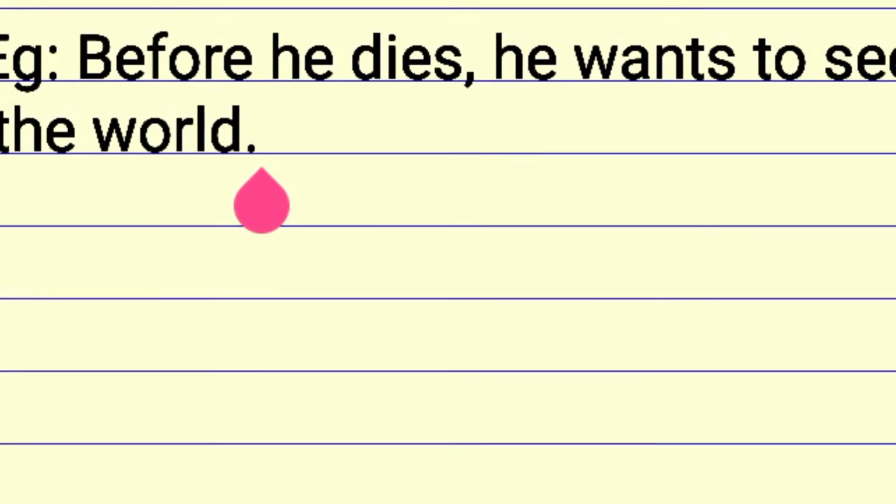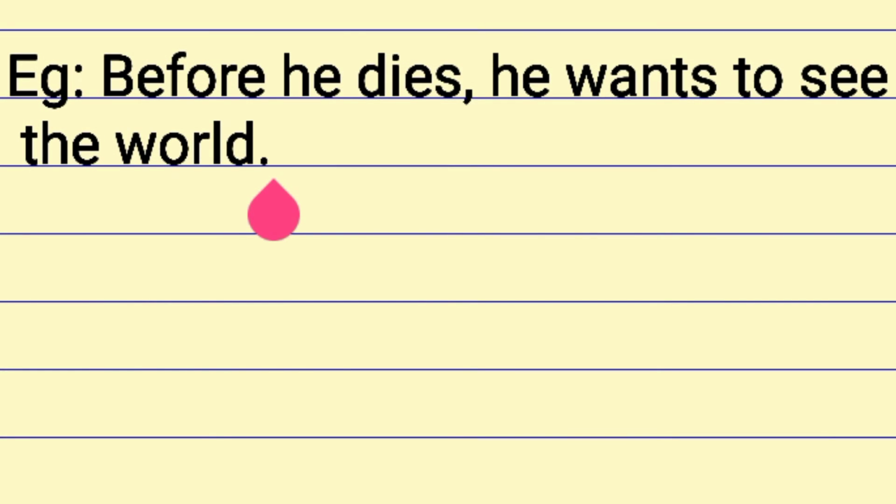Keep in mind, if you want to use the dependent clause at the beginning, you must put a comma. For example, before he dies, I should put the comma here, and then I should use the independent clause: he wants to see the world. So before he dies, comma, he wants to see the world.